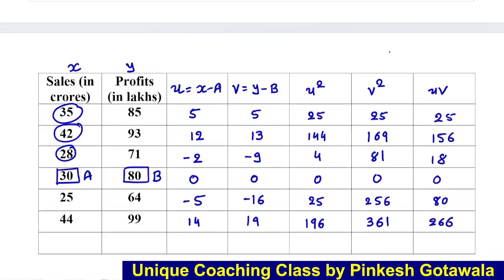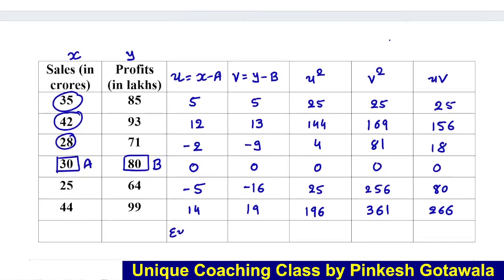Okay, now let's total them. This is sigma u: 5, 12, 24. Sigma v: 13, minus 6, minus 9, 12. Sigma u square: 394.